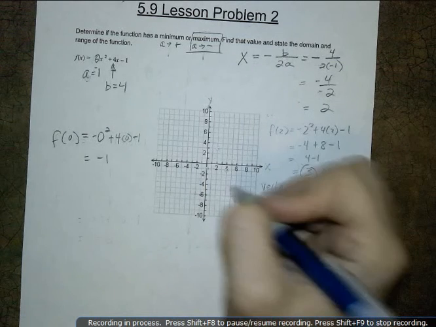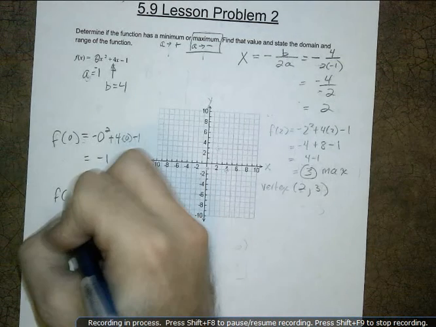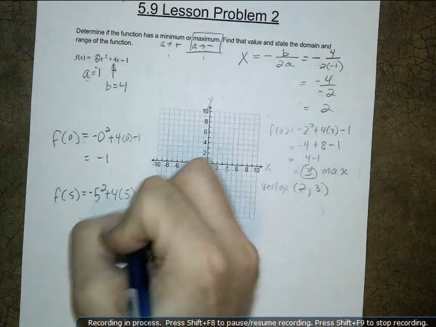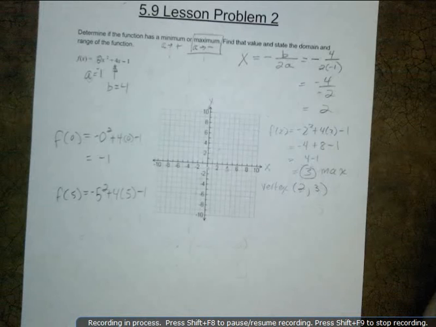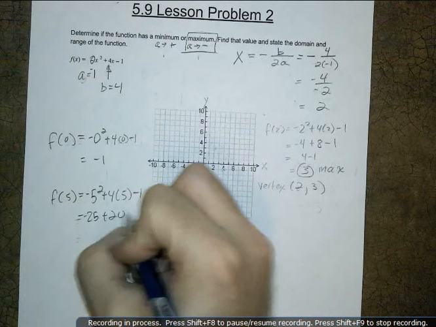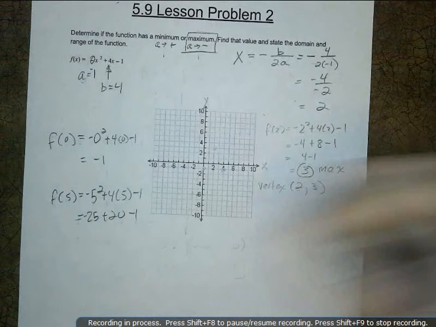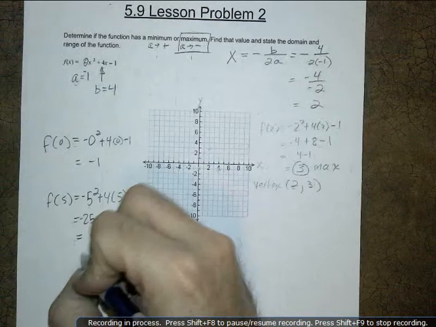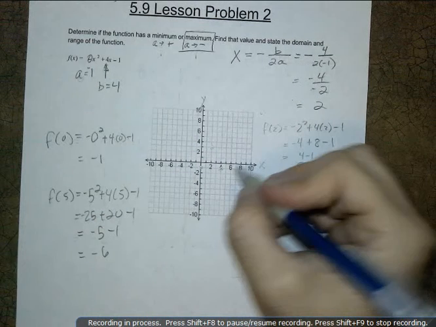Let's find one other point. This time we'll go to the right. f of 5: opposite of 5 squared plus 4 times 5 minus 1. Opposite of 5 squared is -25. 4 times 5 is 20, and then minus 1. -25 plus 20 is -5, minus 1 is -6. So over here at 5, down to -6.